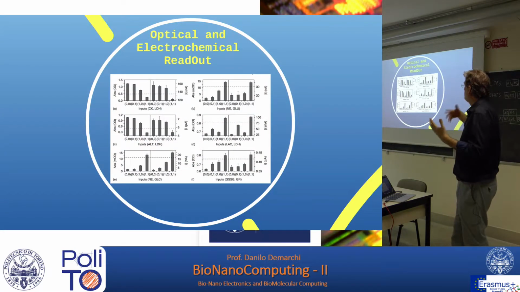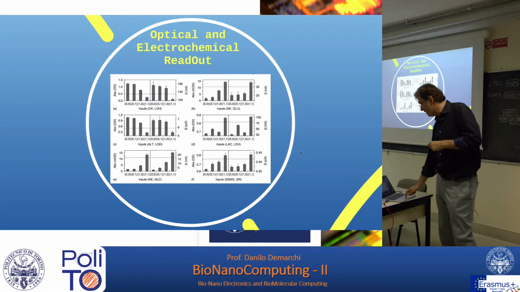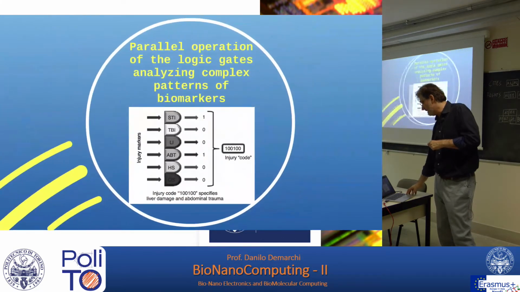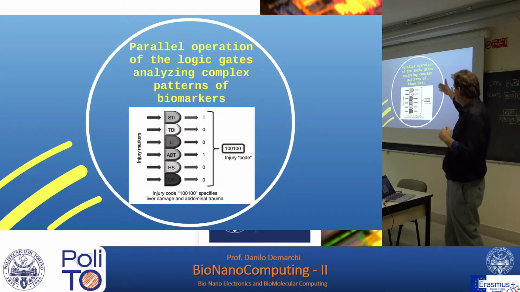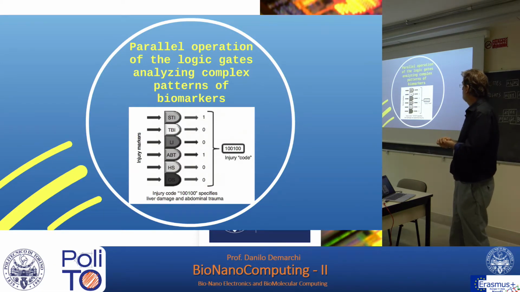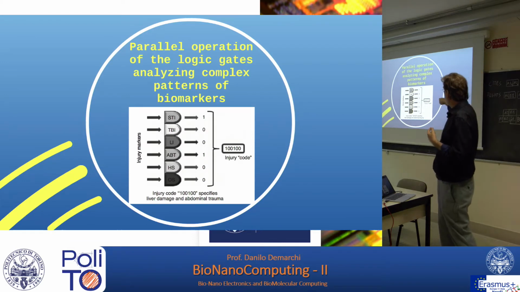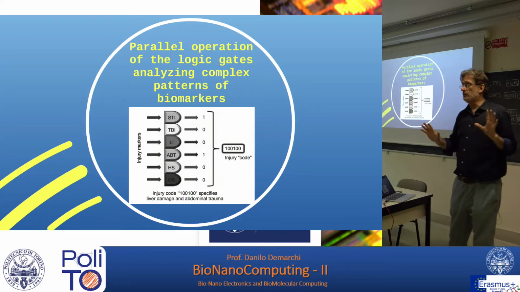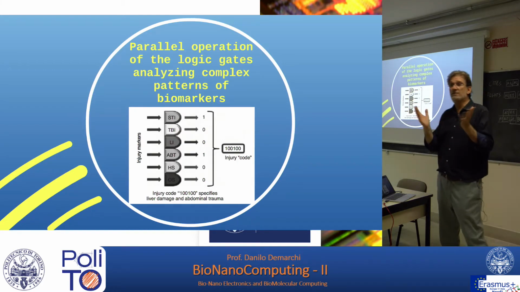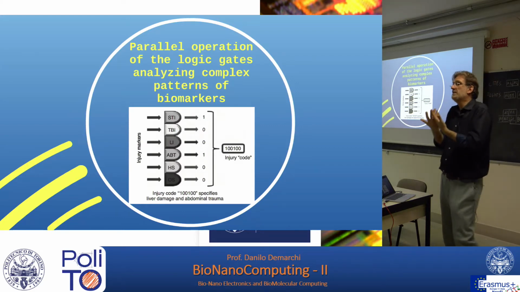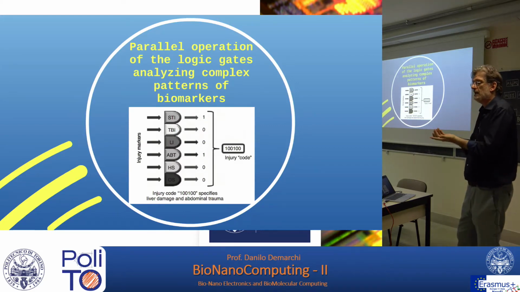They did an electrochemical readout of 6 different outputs. Again, I don't want to go into detail. They use these 6 different pieces of information, because the injury code is related to the fact that STI is 1, ABT is 1, and all the others are 0. This is a coding that tells me, okay, I have an injury, I have a problem.